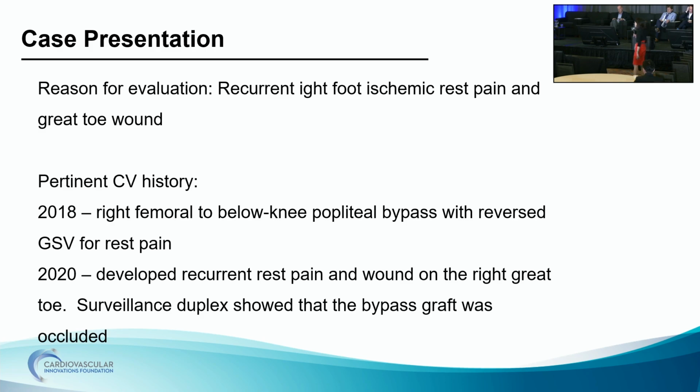And even if the patients are asymptomatic, if we find a high-grade stenosis there, which in our vascular lab we define as an increase in velocity greater than 2 times the one before it, that would be equivalent to greater than 50% stenosis.